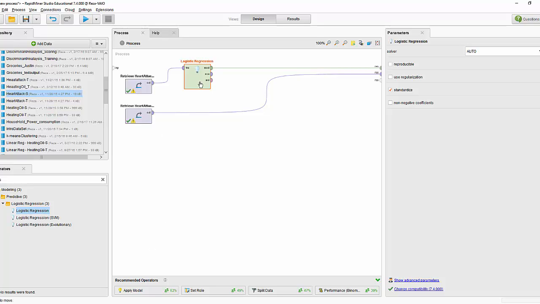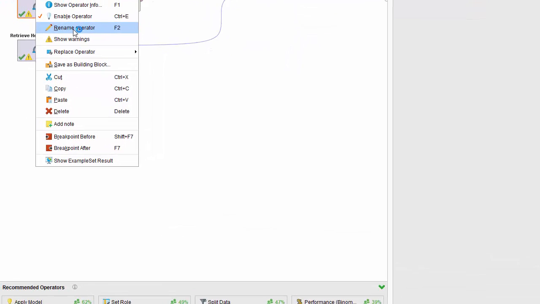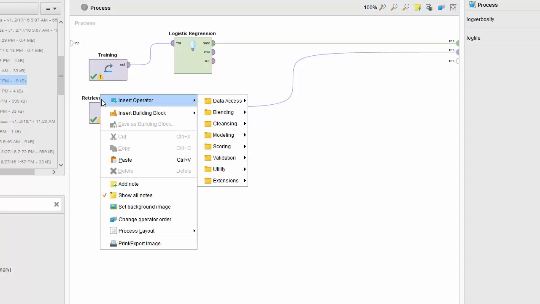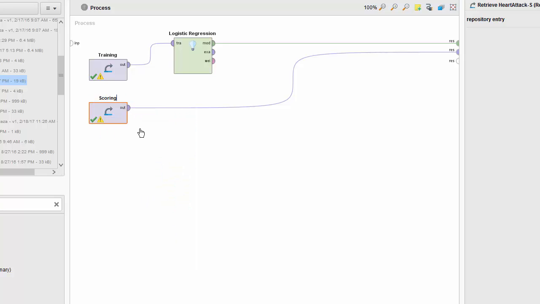And the next step is to apply the created logistic regression model to our scoring dataset. Let me again change the names of these operators for you: training and scoring.